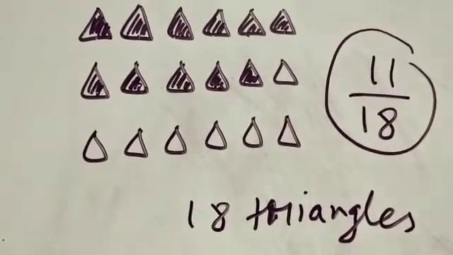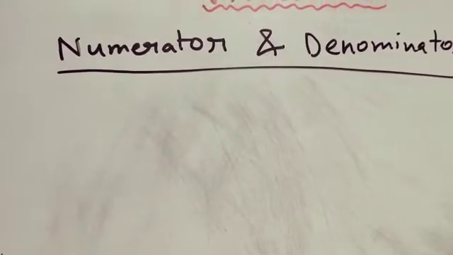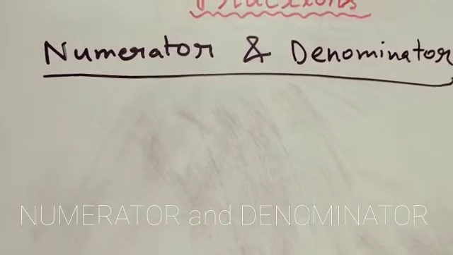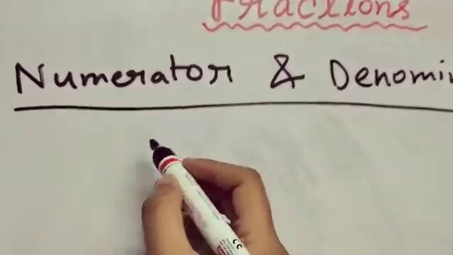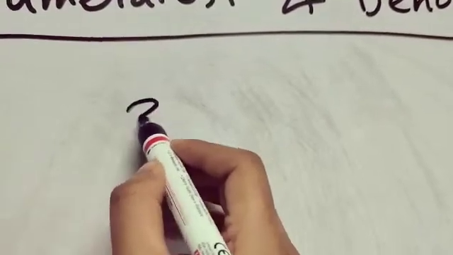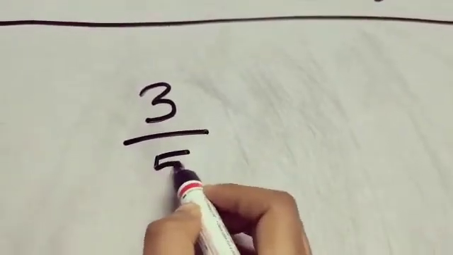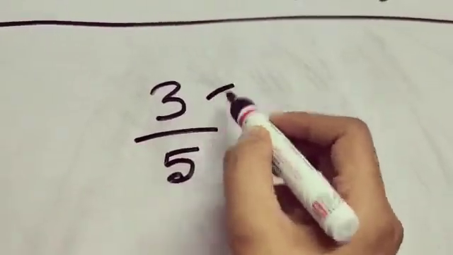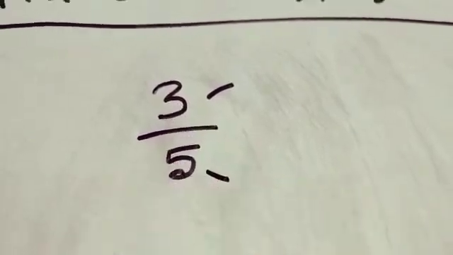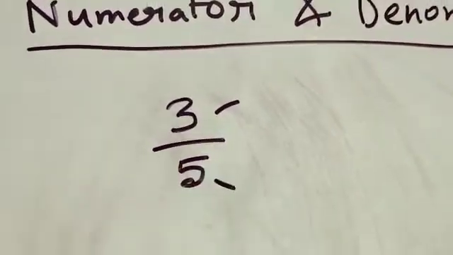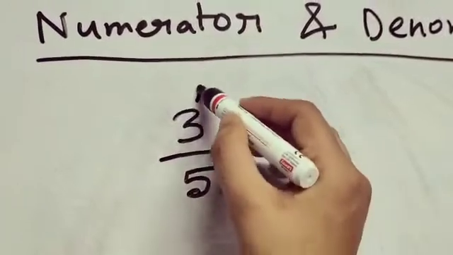Clear? Okay. Now let us know what is a numerator and a denominator in a fraction. You can see in all of these fractions there are 2 numbers. Like in this fraction 3 by 5, 3 is one number and 5 is another number. This is called 3/5. So the above one, that means the upper one, is called a numerator.